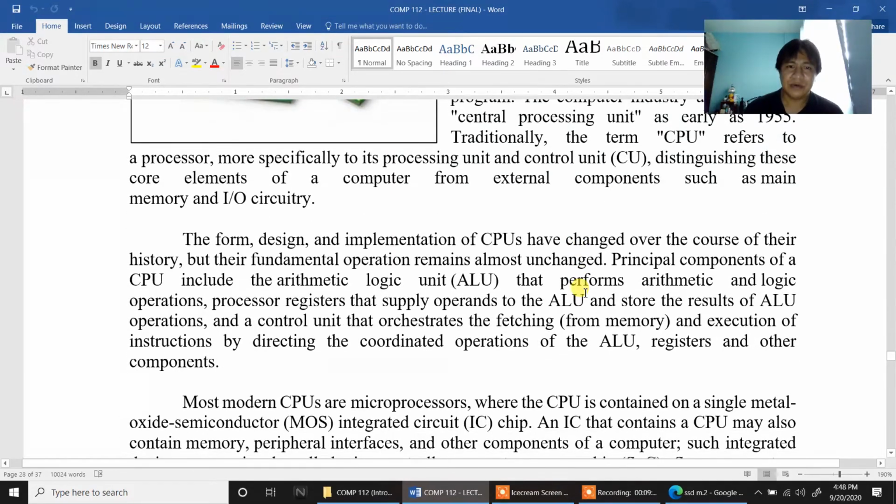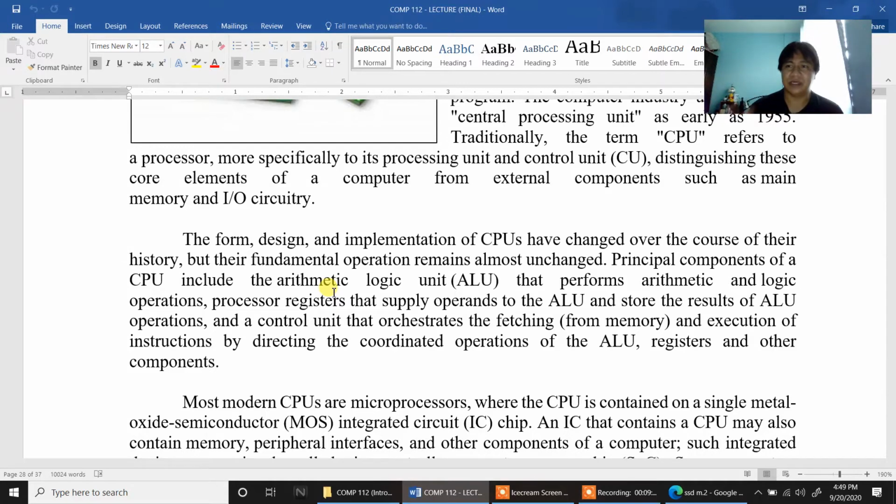So, the form of the CPU changes over the course of history. Its form and design changed based on the evolution of its components. The most popular first was the Pentium 1, then Pentium 2, Pentium 3, Pentium 4.